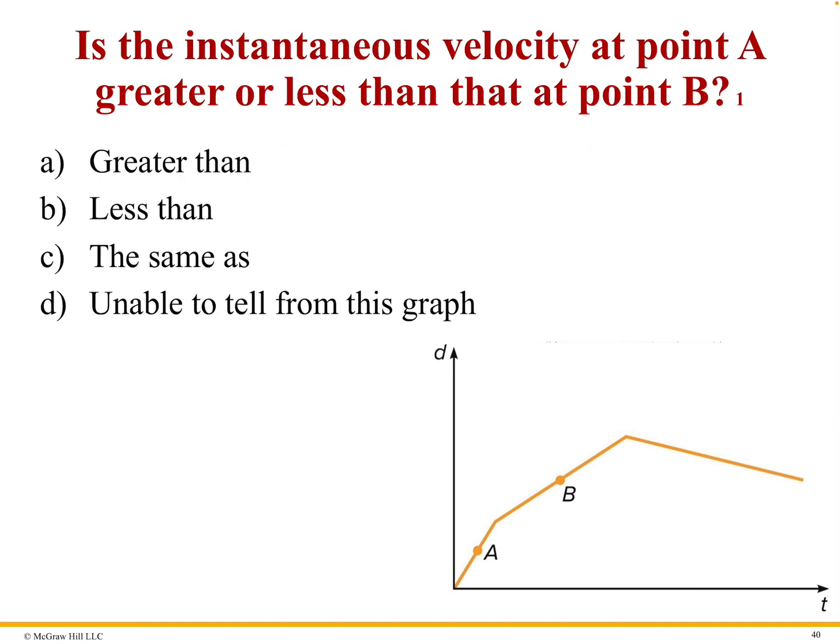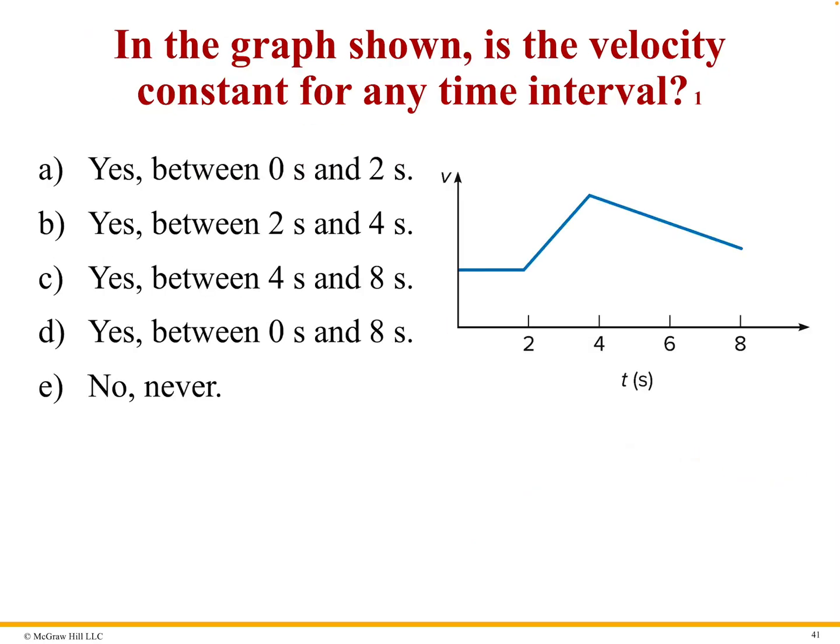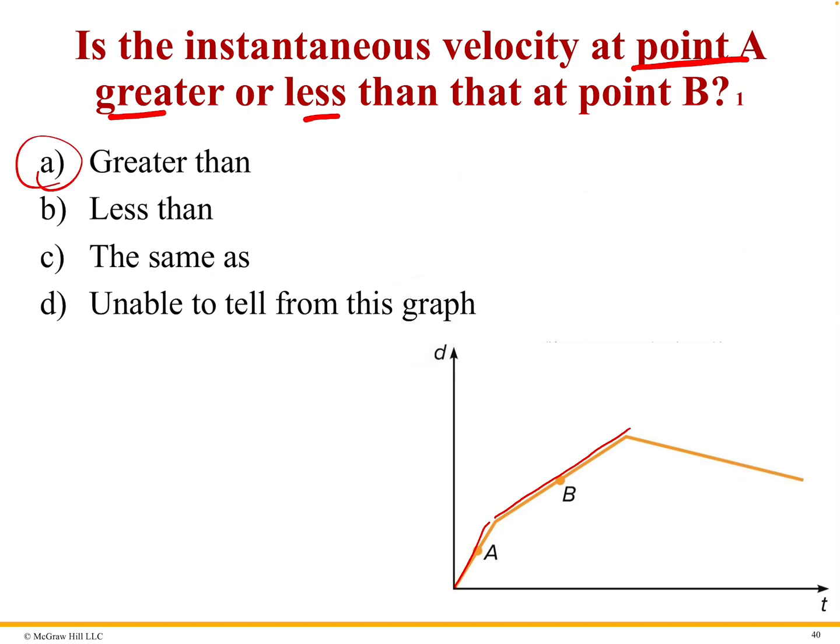Okay. Is the instantaneous velocity at point A greater or less than that at point B? So look at the slope. Which one is a bigger slope? Is it this one or is it this one? At point A, by the way. Is it greater or less than that at point B? It's greater than.